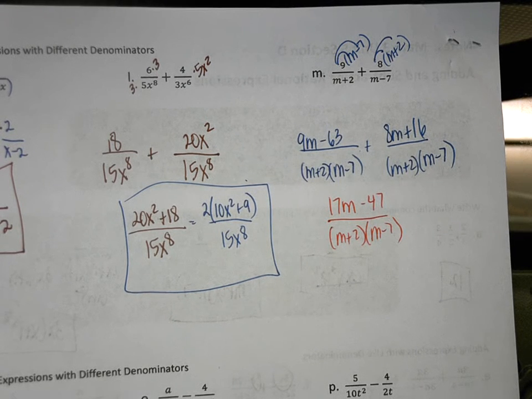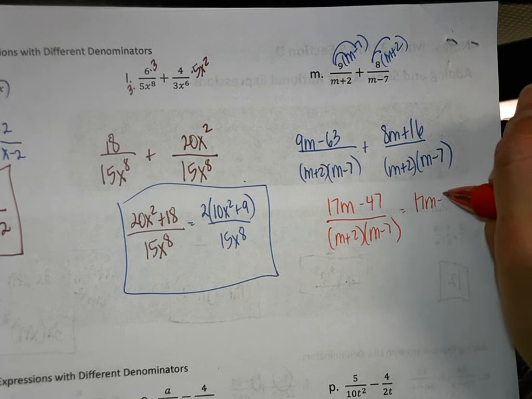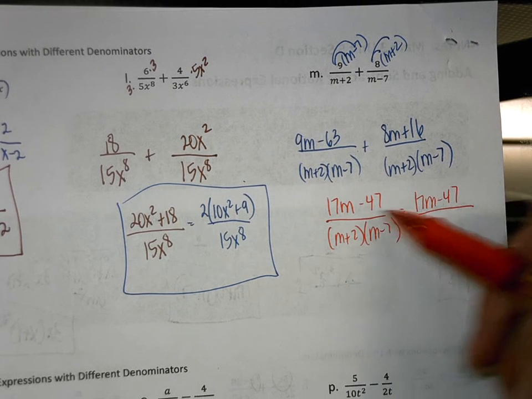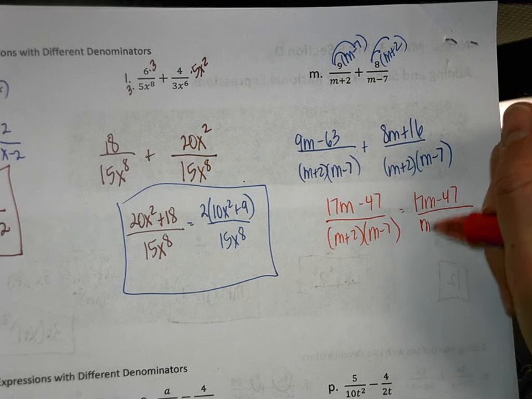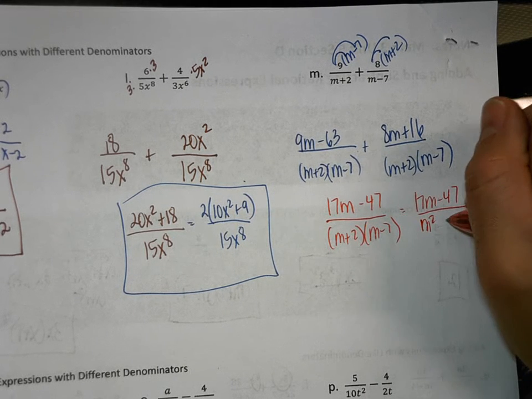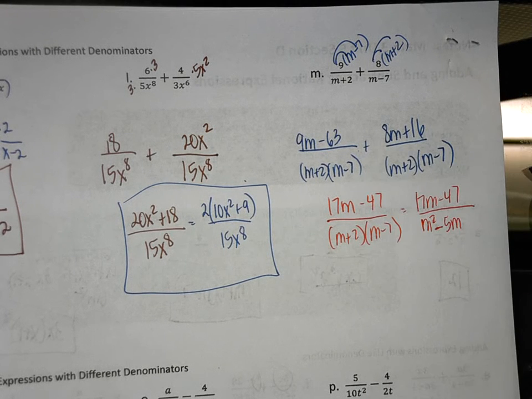Or what could be another answer that I could see? They could end up multiplying that out, right? And so that would be what? M squared minus 5m minus 14.